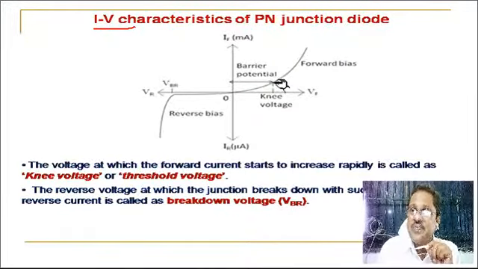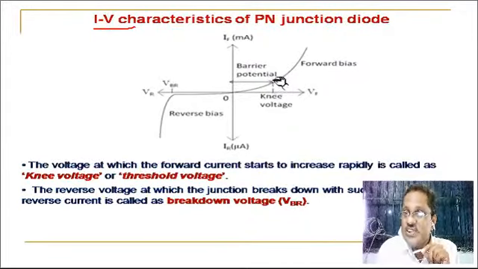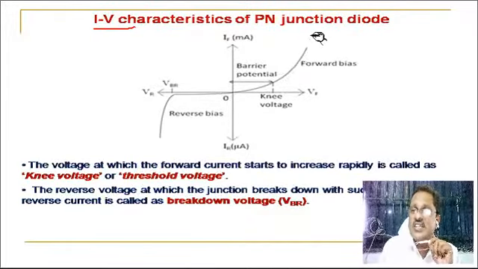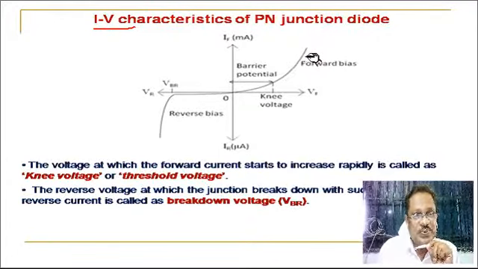Hence after the external voltage crosses the barrier potential, there is a sudden rise in the current flowing through the junction. The current increases very rapidly.